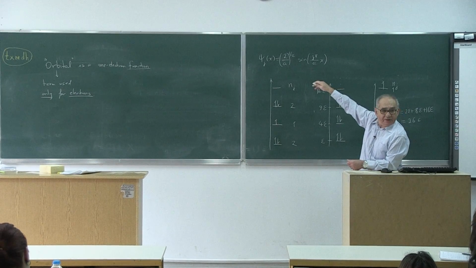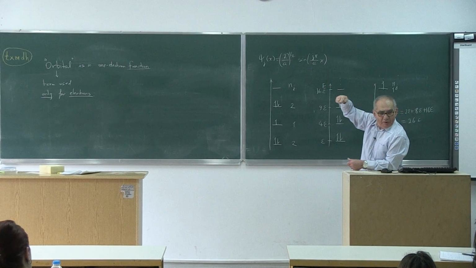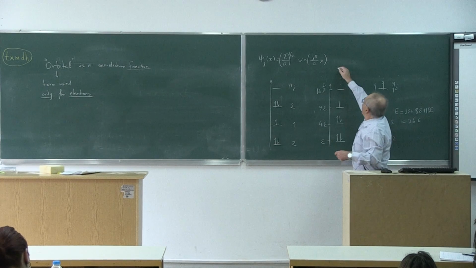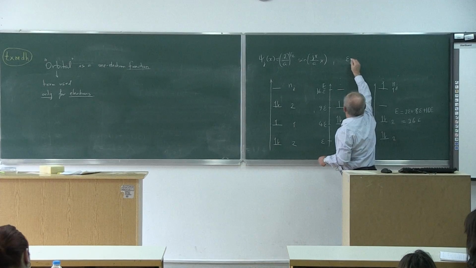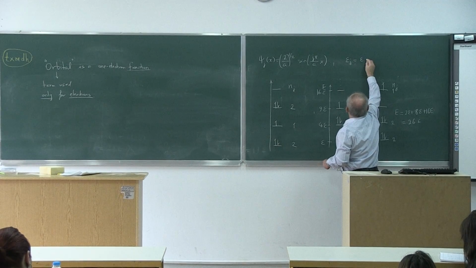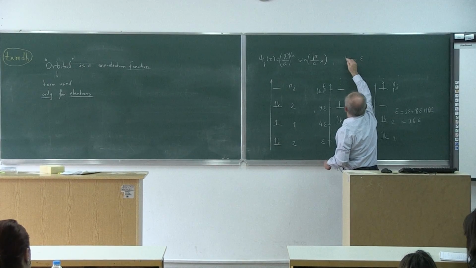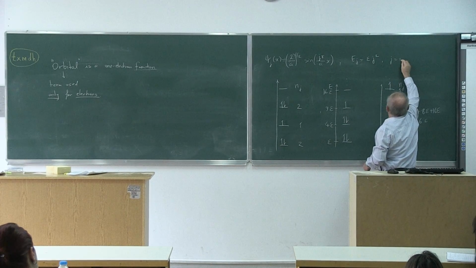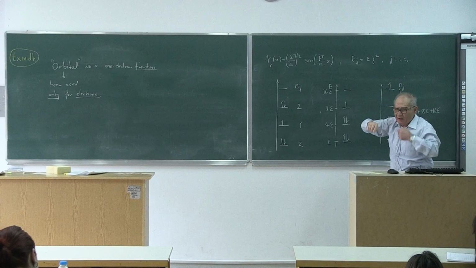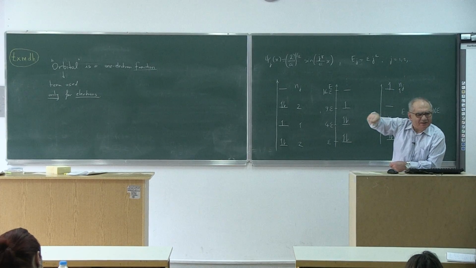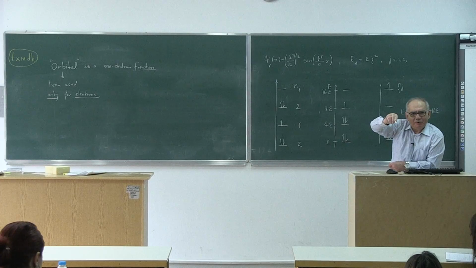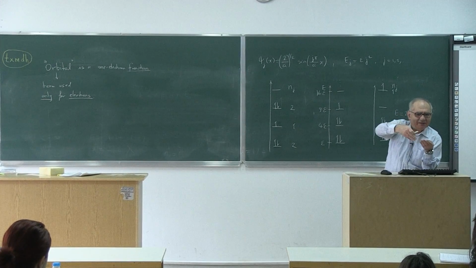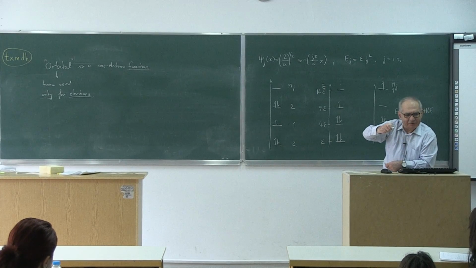These are the state functions for a particle moving in a one-dimensional box. And the corresponding energies are ε times j squared, where j is 1, 2, and so on. When we discussed the particle in a box model, we used the symbol small n, but j means the same thing as n. Don't get confused, okay?